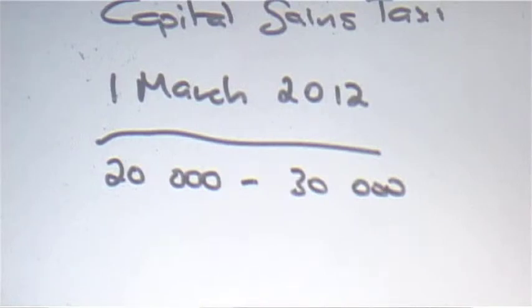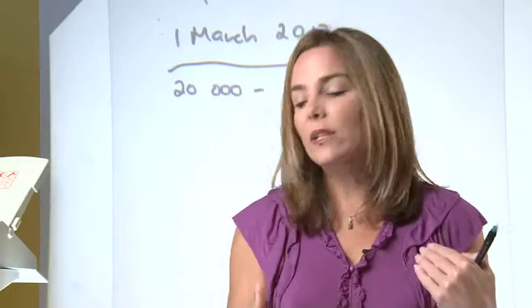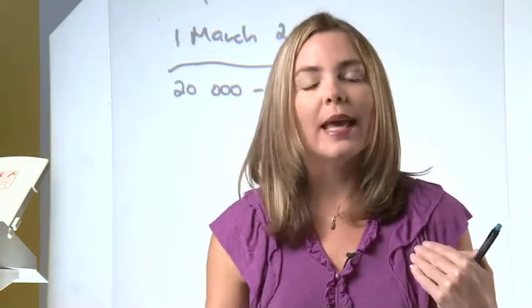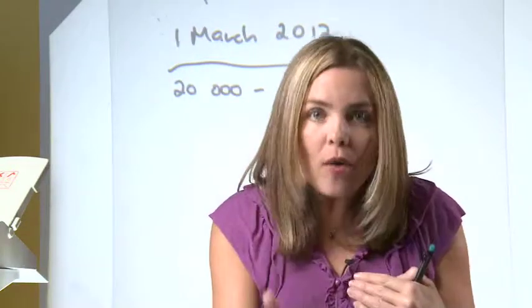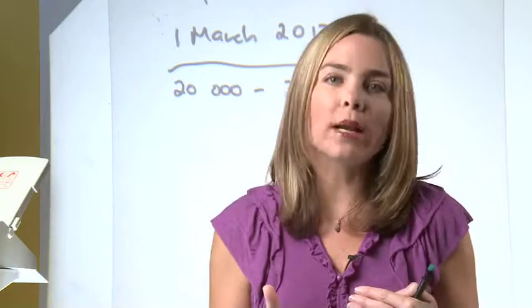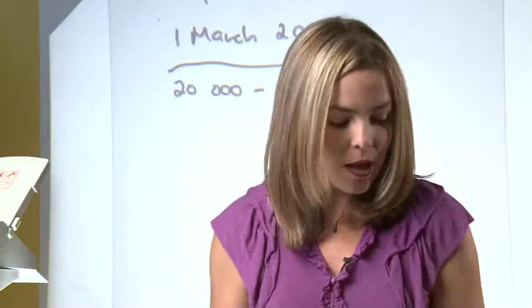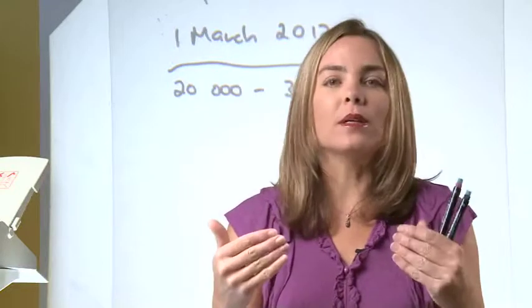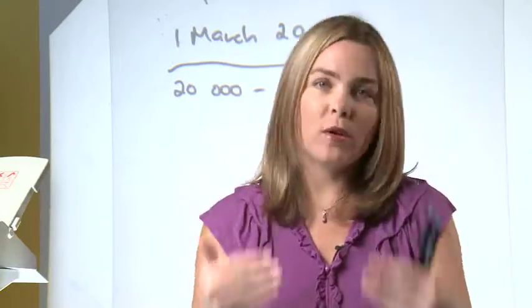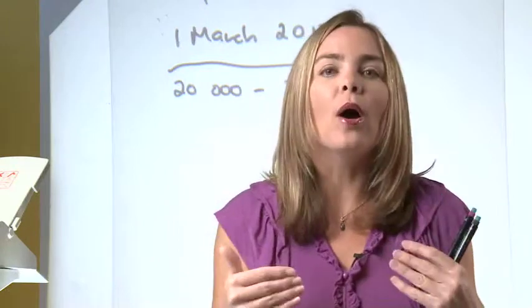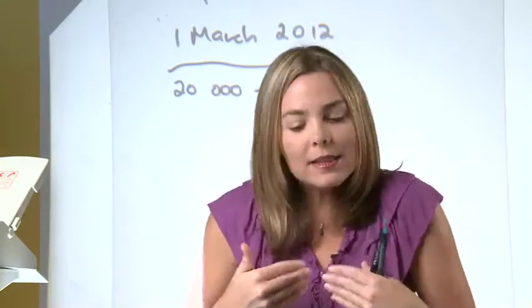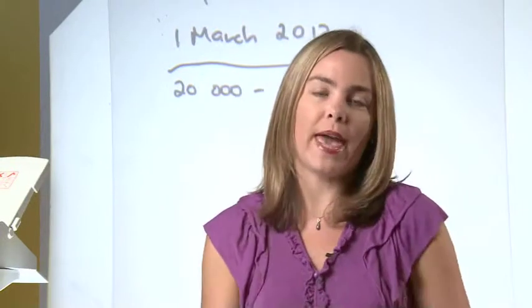So we saw that the annual exclusion before we started the 2013 year was 20,000. It then, as of the 1st of March 2012, has gone up to 30,000. Now, if the taxpayer, a natural person, has died in the year of assessment that we're looking at, we know that in the year of death, a natural person taxpayer has a deemed disposal of all their assets.